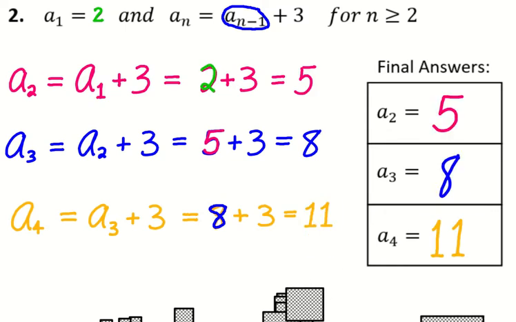And so those are the answers, okay? You're always utilizing whatever the previous term was in place of this entire a sub n minus 1.